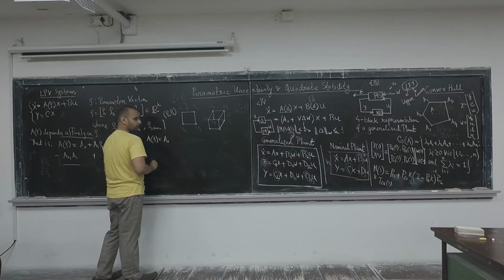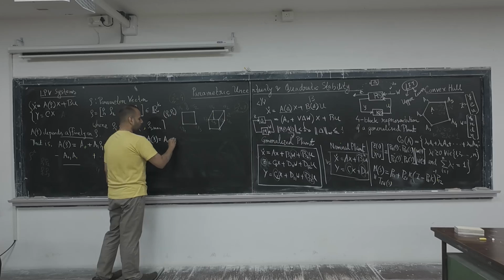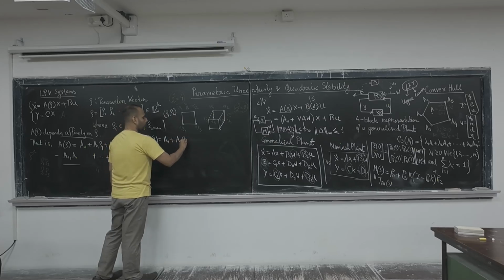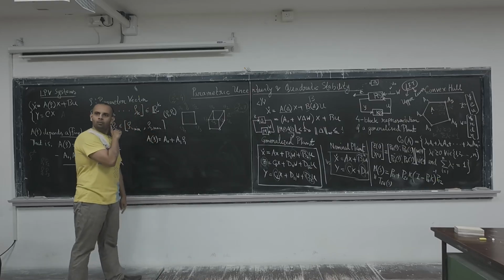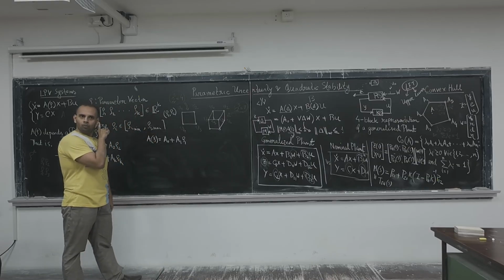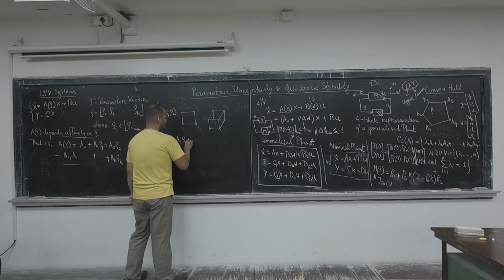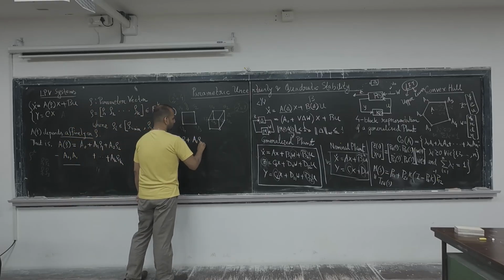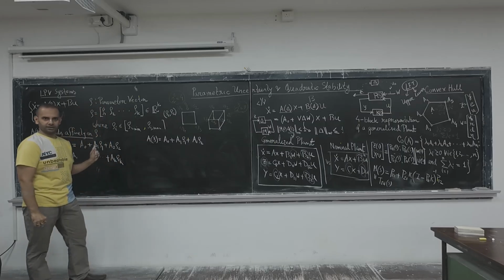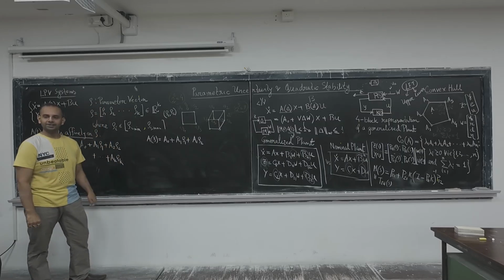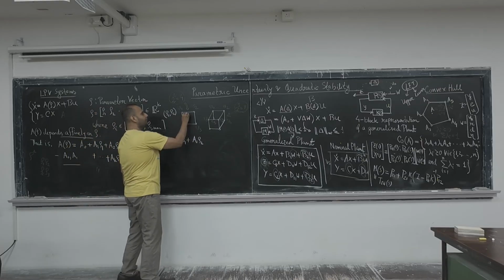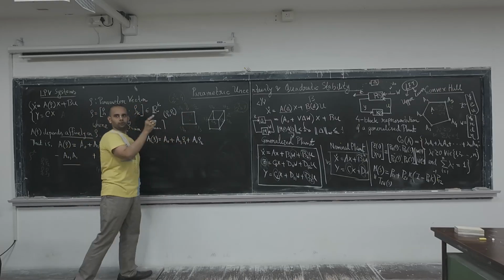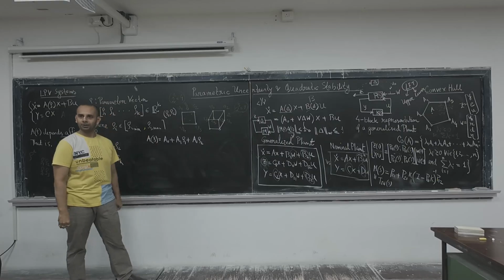That will be A0 plus A1 rho 1 plus A2 rho 2. That is the affine representation, right? Now after that, if your rho 1 and rho 2 vary within this 2D polytope, or that is a hyperrectangle in the 2D case.